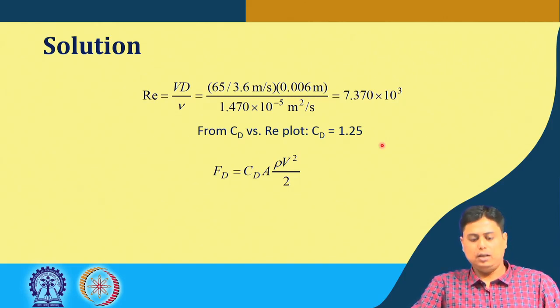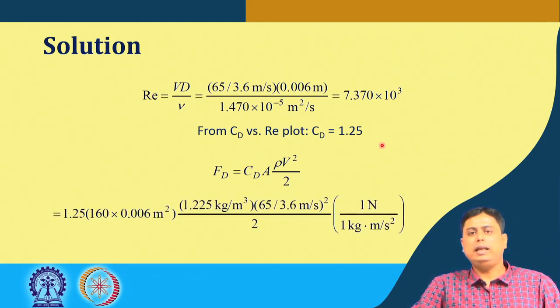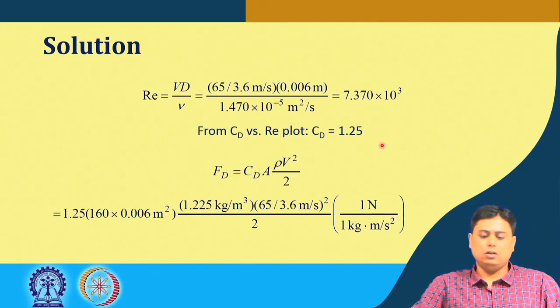So, Fd is CD multiplied by A rho v square by 2, where A again is the projected area, the area that is exposed to this flow. Here this is basically L multiplied by D. This is the projected area when the flow is happening across this wire, where these values are also given.